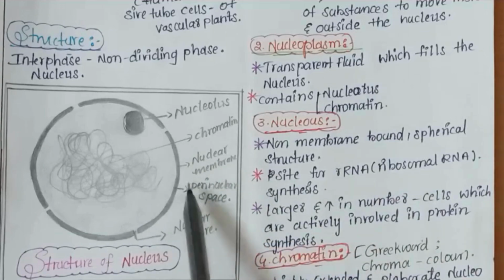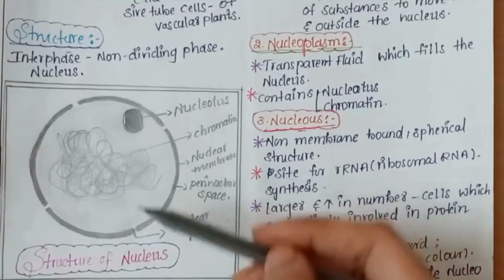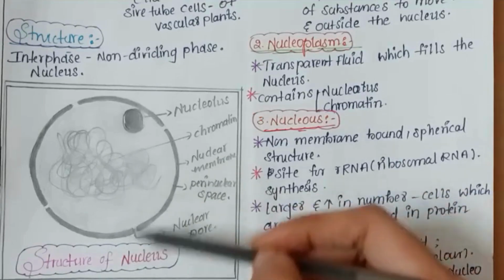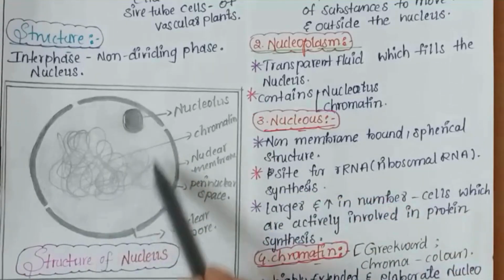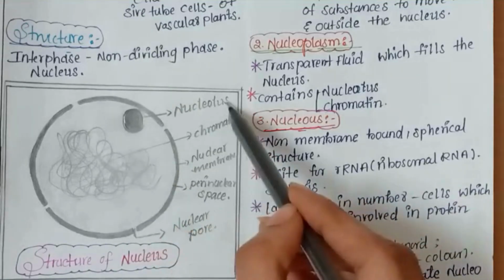Between these two membranes, there is a space known as the perinuclear space, and there are nuclear pores which are formed by fusion of these two membranes, and these form a passage for substances to move inside and outside the nucleus.